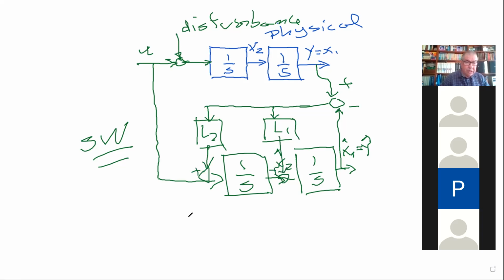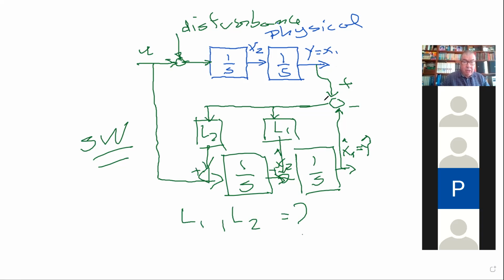And now you have to design this L1 and L2, which I'm not going to do here. But now, at least it's clear that if your estimate is a bad one, you are comparing it with the output, so you understand your estimate is not good.